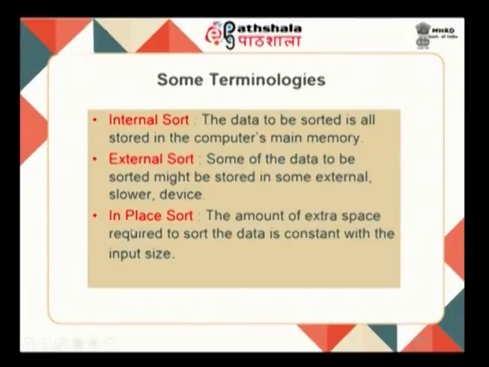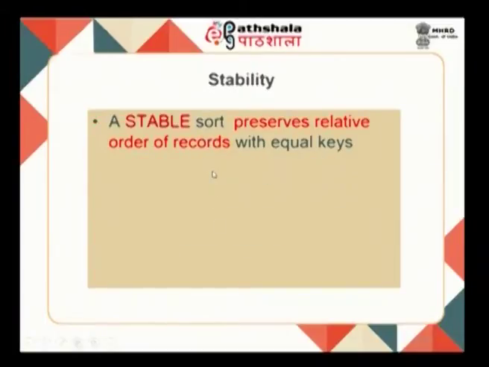And in-place sort, where the amount of extra storage required to sort remains constant with the input size. Similarly, a stable sort is one that preserves the relative order of the records if the keys happen to be equal. These are the terminologies that are normally associated with sorting.